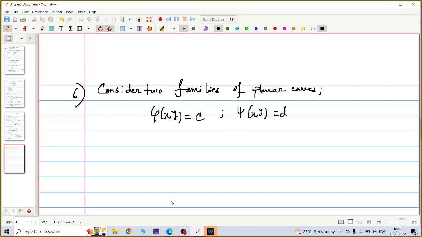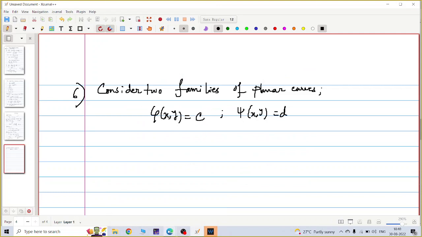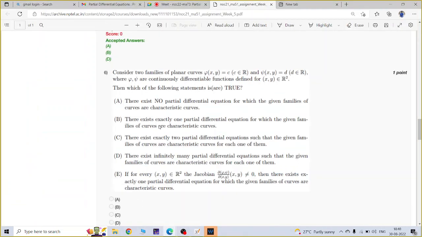Okay. So now I will show you what options are given, because you have to check true and false type. There exists no partial differential equation for which the given families of curves are characteristic. Can you tell anything?